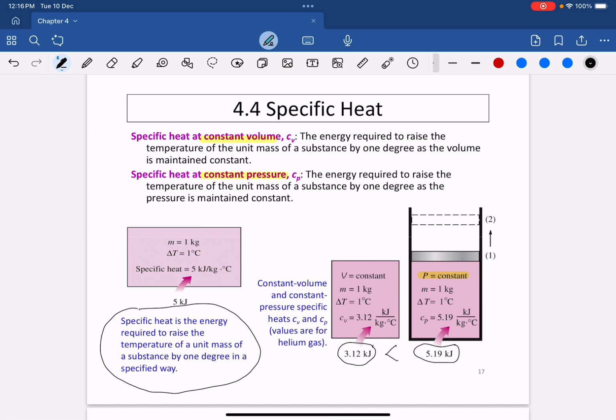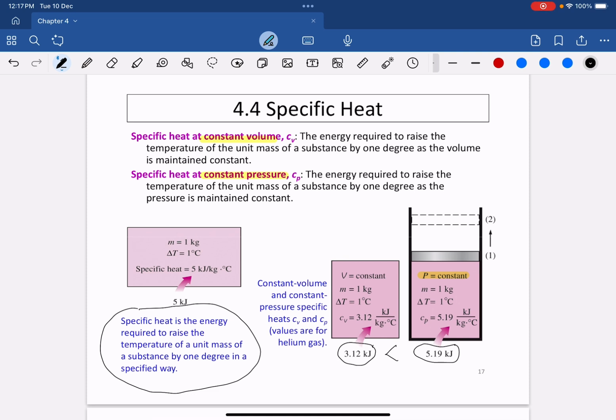Why? Because for a constant pressure process, if we refer back to chapter 3, where we discussed pure substances, there is always boundary work related to a constant pressure system. The system needs to regulate the pressure in a way that increases the volume.